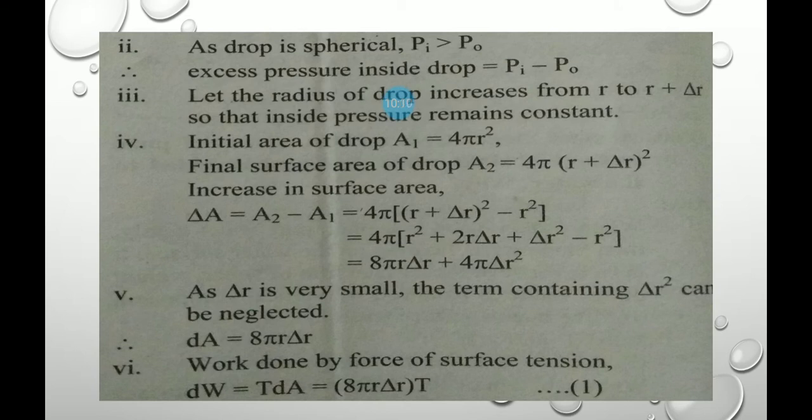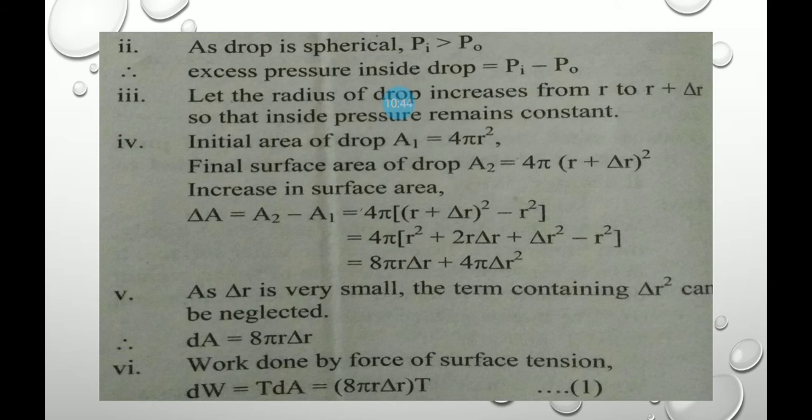Increase in surface area, delta A, is equal to A2 minus A1, that is final surface area minus initial surface area. Taking 4 pi common, that is 4 pi into (R plus delta R) square minus R square. Now we have to expand the square of the bracket: R square plus 2 R delta R plus delta R square minus R square.